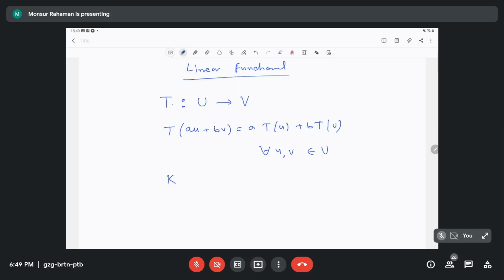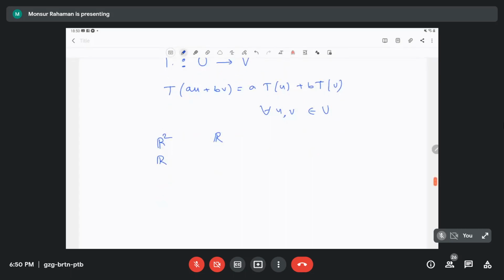So K itself is a vector space. Okay, it is a one-dimensional vector space like R. Like R2 is a two-dimensional vector space with respect to the field R. Similarly, R itself can be a vector space over itself. Its point is a vector. So the scalar, this is a scalar, but by definition, you can define it as a vector also.